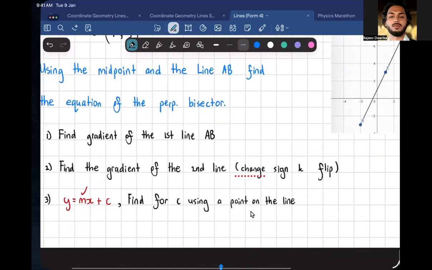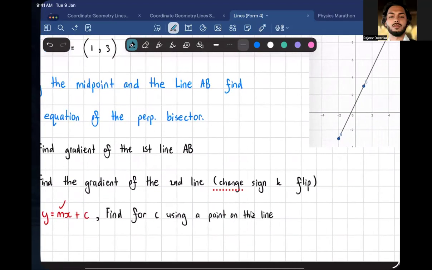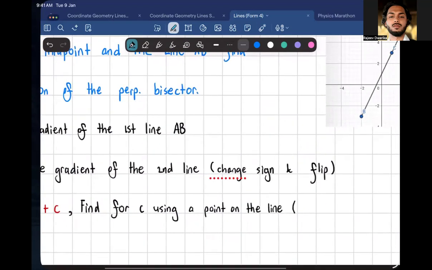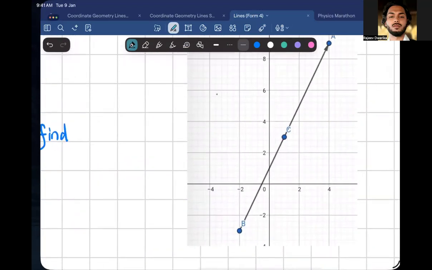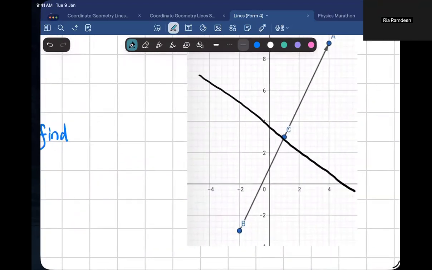And Ria, in our case, what would I call the point that lies on the perpendicular bisector? So again, the perpendicular bisector would look like that. So it's passing through what point? The midpoint. Correct.